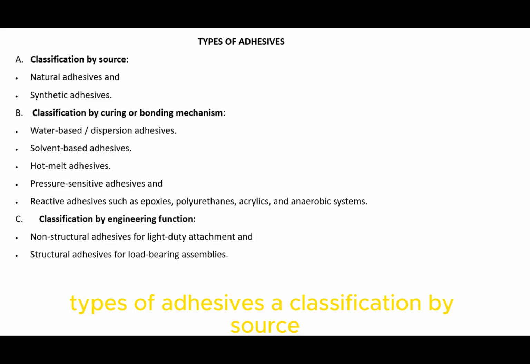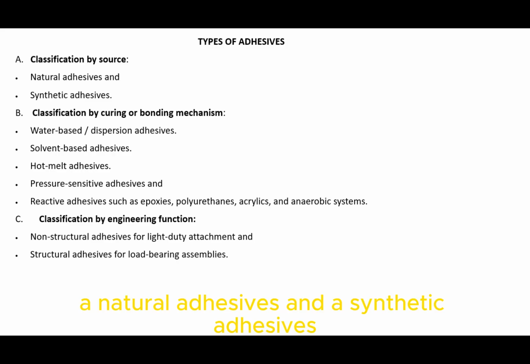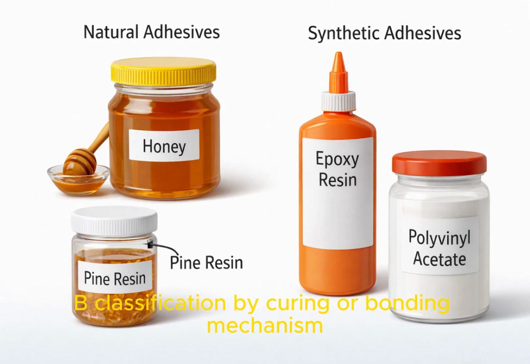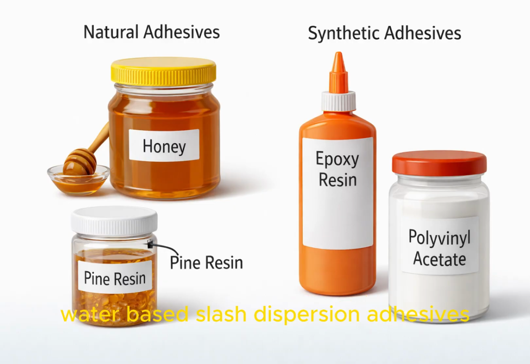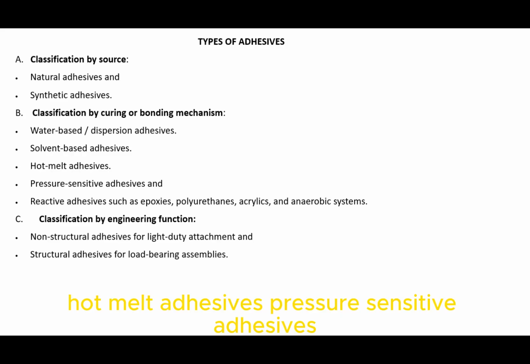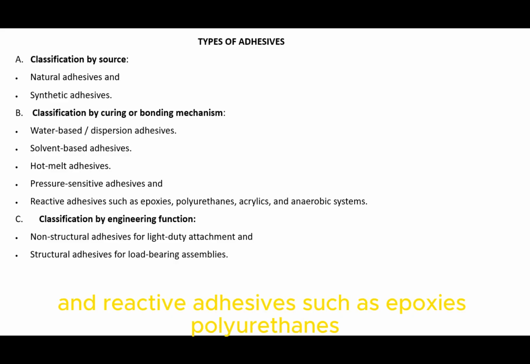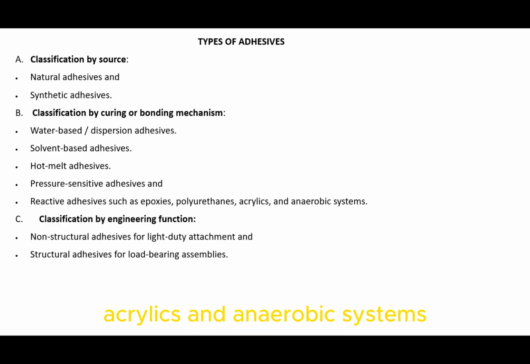Types of adhesives. A. Classification by source: natural adhesives and synthetic adhesives. B. Classification by curing or bonding mechanism: water-based/dispersion adhesives, solvent-based adhesives, hot melt adhesives, pressure-sensitive adhesives, and reactive adhesives such as epoxies, polyurethanes, acrylics, and anaerobic systems.